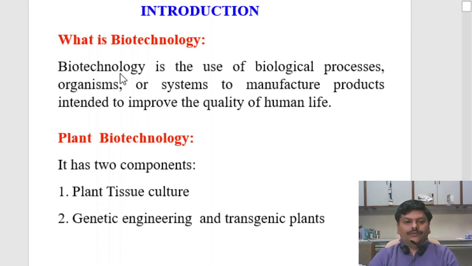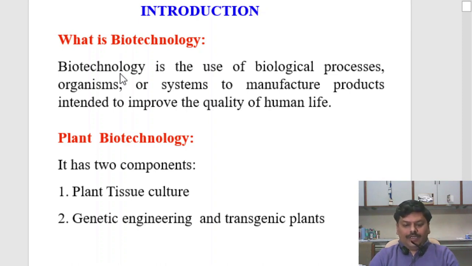So if we also need to define plant biotechnology, then a simple definition would be that plant biotechnology is the use of plant-based biological processes, plants as organisms, or plant-based systems to manufacture products which are intended to improve the quality of human life.